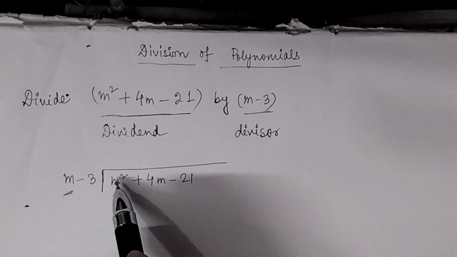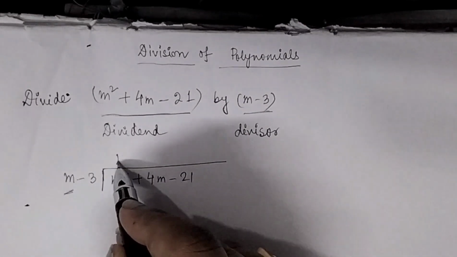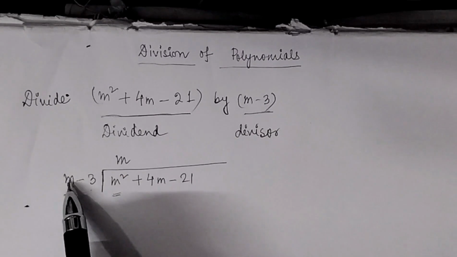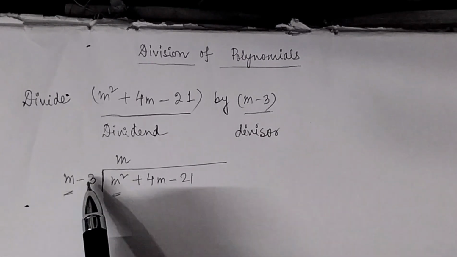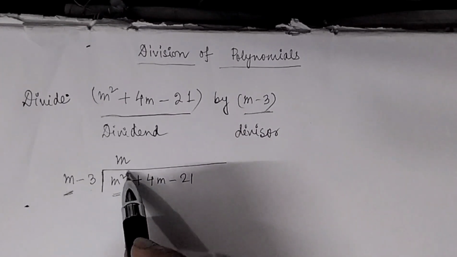Suppose this is m square. So I have to eliminate this m square. So obviously m should be multiplied with this m minus 3, because in this case only we will get m squared and then we will get minus 3m. But here I am concerned about this m square because I have to eliminate this first term.